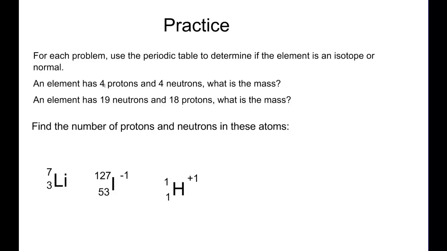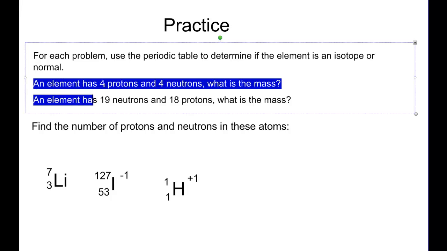For each problem, use the periodic table to determine if the element is an isotope or normal. And not only that, you need to answer each problem. For example, for problem 1, we have an element with 4 protons, 4 neutrons. What's the mass? Find the mass.